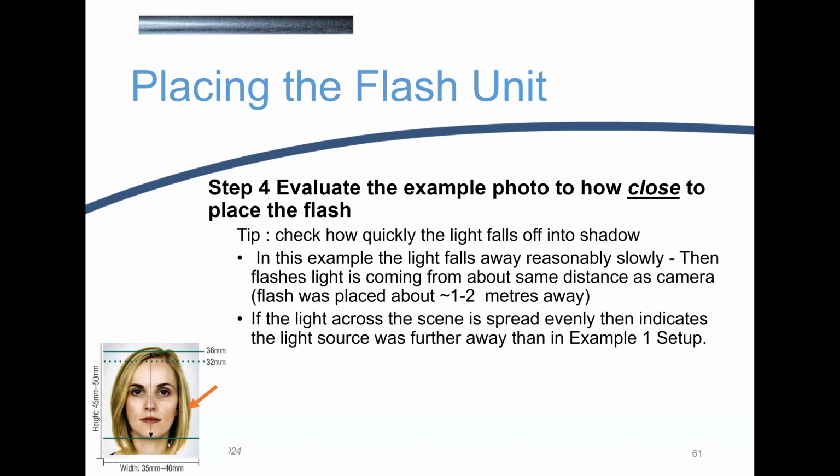I ended up with the light source being about 2 meters away to get even lighting across the face. That's compared to the example setup 1, which we looked at last week, where we had the light falling away very quickly, so it went into shadow across the face quite quickly. In this case, we've got it fairly evenly lit across it.